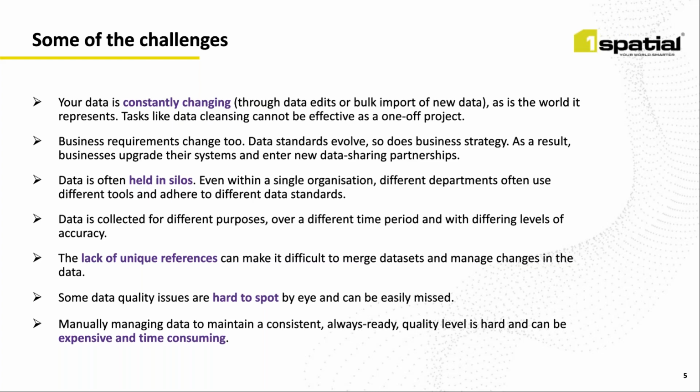Data is collected over time by different people with different needs, so you end up with different levels of accuracy and consistency. And often what we'll find, and this is really important when it comes to spatial data, is unique referencing. A lack of those unique references within data makes it very difficult to leverage the full potential of your data, especially when it comes to integrating, merging and conflating data sets.